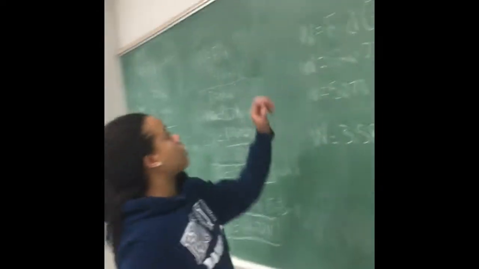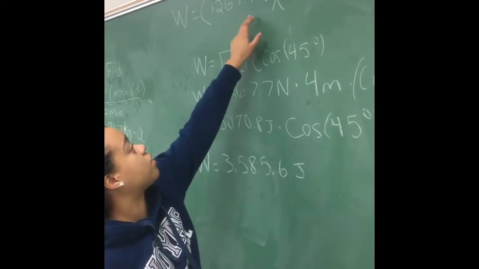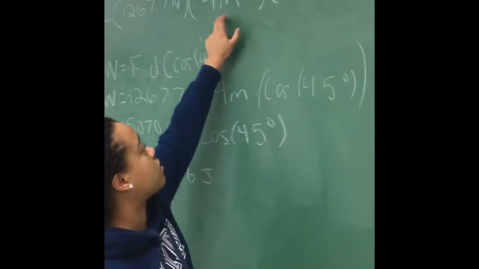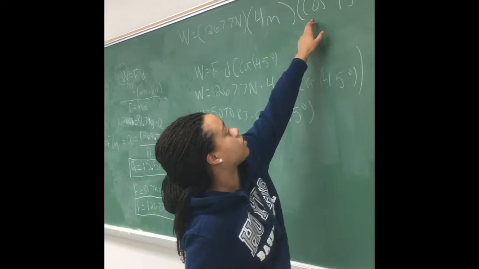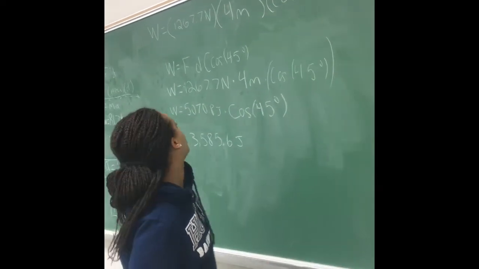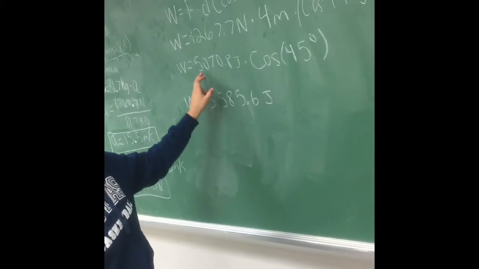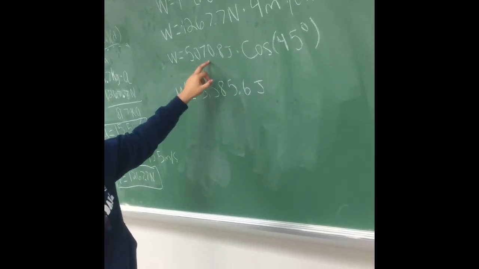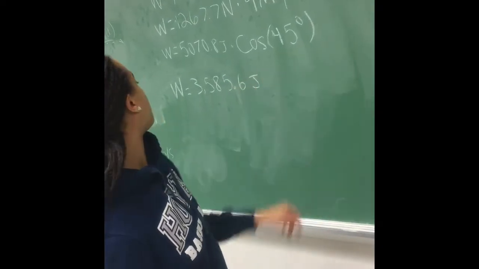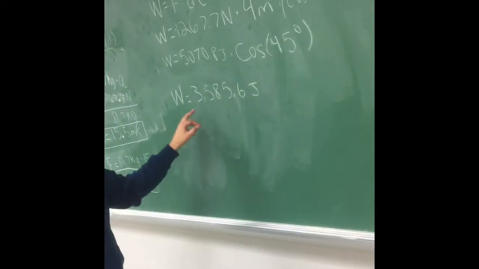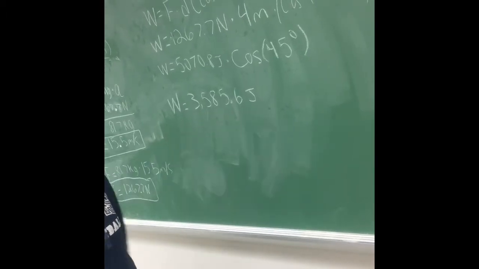Okay, then to calculate the work, we have the force, which is 1,267.7 newtons, times the distance, which is 4 meters, also times cosine 45, which is our angle. So we multiply that and we get 5,070.8 joules times the cos 45 degrees, and then we get the work: 3,585.6 joules, which is our final answer.